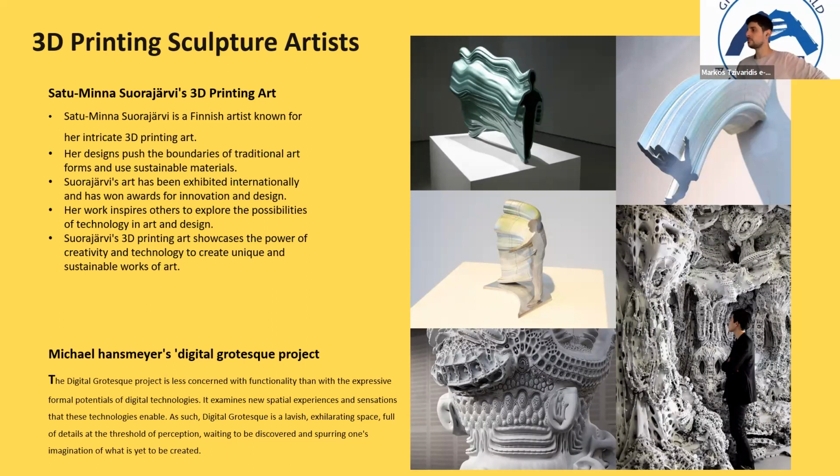She's from Finland, and she's known for her intricate 3D printing art. Now, Satumina's designs not only showcase her creativity, but also use sustainable materials, demonstrating the potential of 3D printing to be an eco-friendly medium.